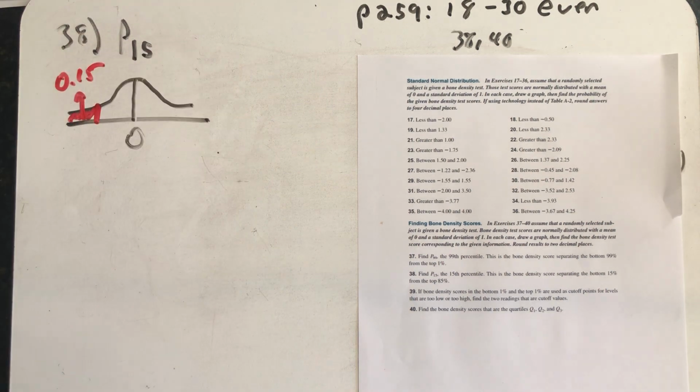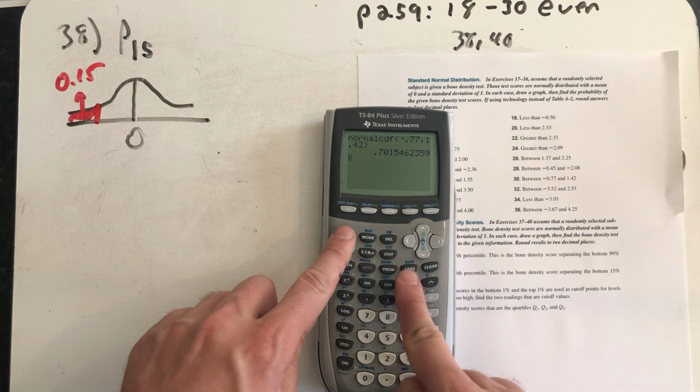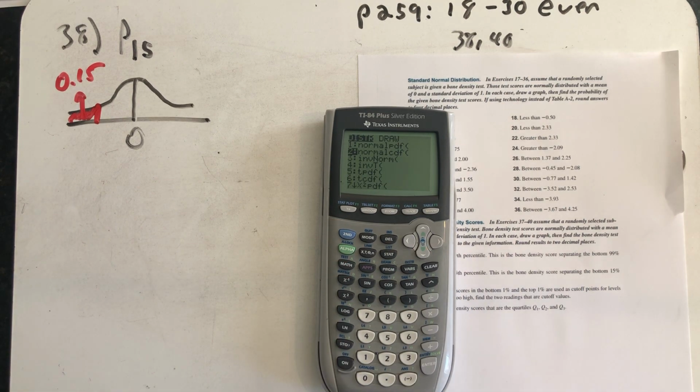And I'm only going to shade the amount to the left because that's what inverse norm requires in the calculator. Normal CDF, which we've been using, finds probabilities given a left-hand endpoint and a right-hand endpoint. Inverse norm takes in that area to the left and gives us back the data value.